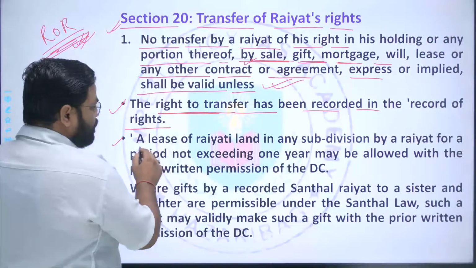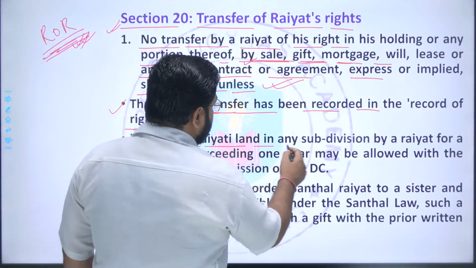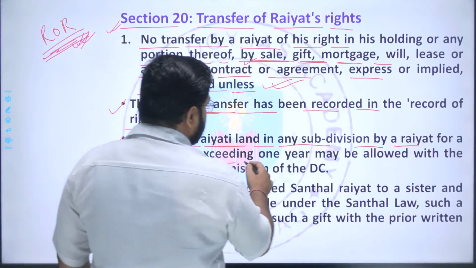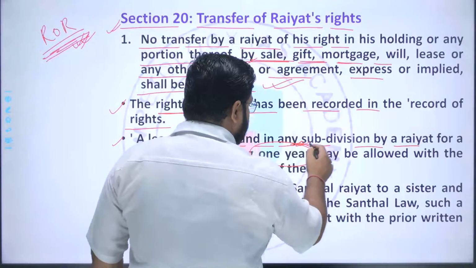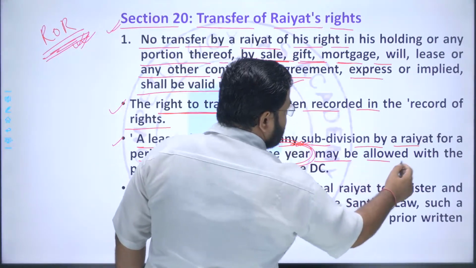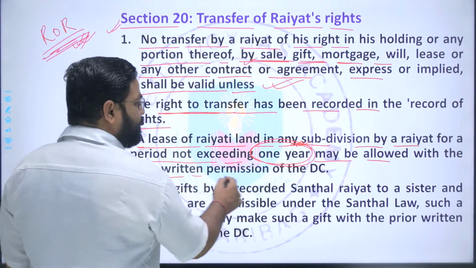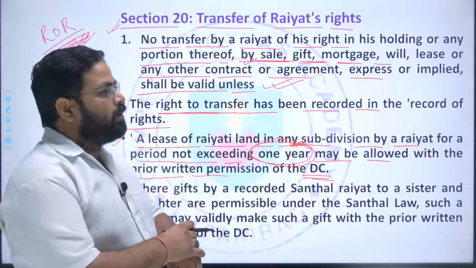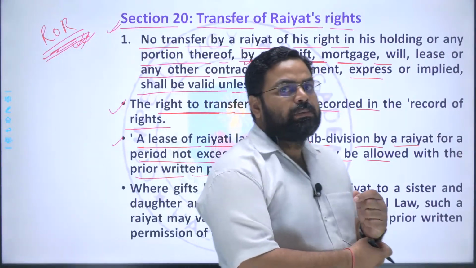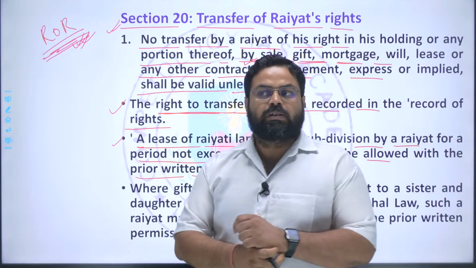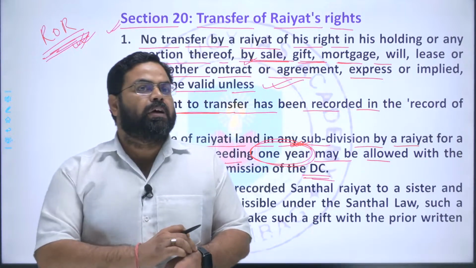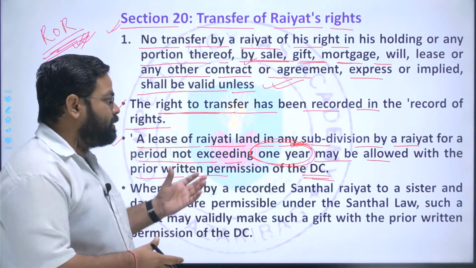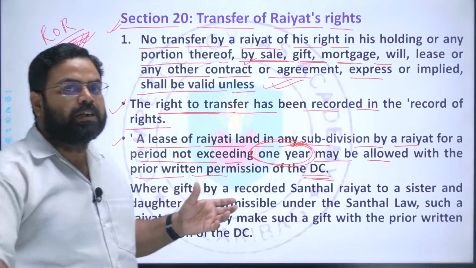The next point is, a lease of raiti land in any subdivision by a rayyat for a period not exceeding 1 year may be allowed with the prior written permission of the DC only. Many of the raiti lands were being kept in mortgage or given on lease to moneylenders or wealthy farmers, and this was causing the alienation of tribal land.